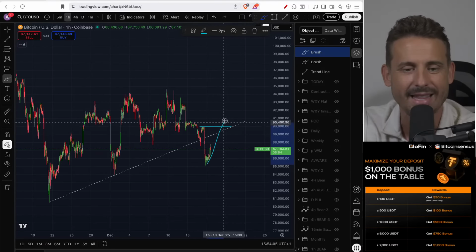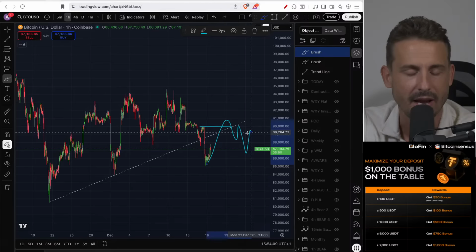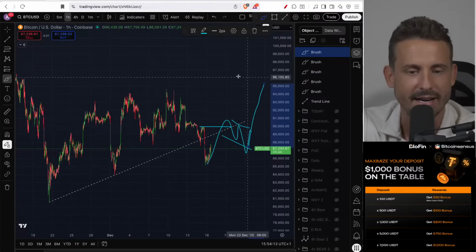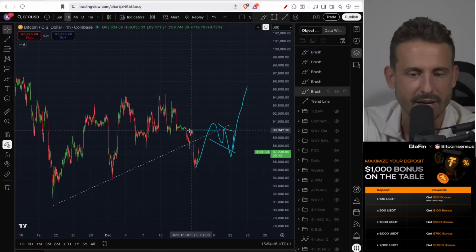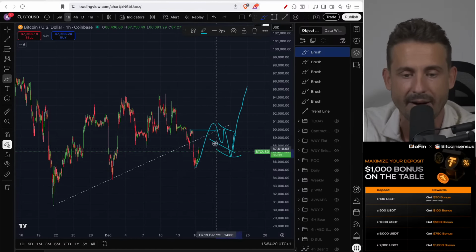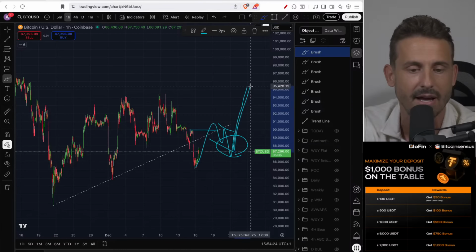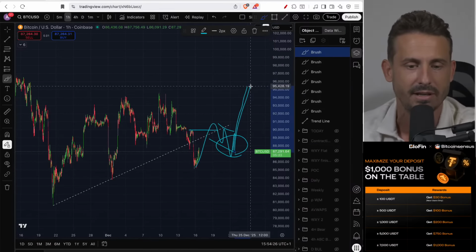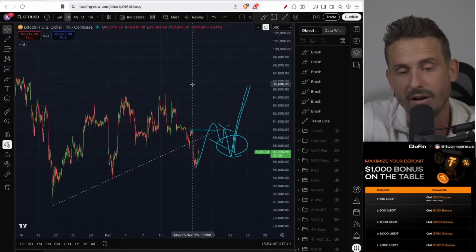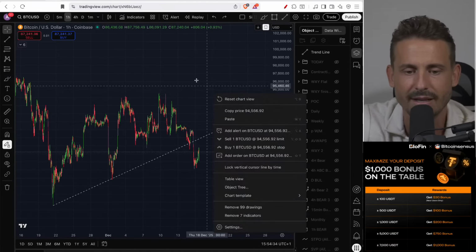If we hit that level, any type of correction there would eventually be the golden zone to get in, because without a doubt, if we do hit that lower high, this would be the zone I would be very interested in looking for longs to take out 95k. That would increase the probabilities, even though it might not make sense to people that don't have the knowledge, but I would consider that being the opportunity.